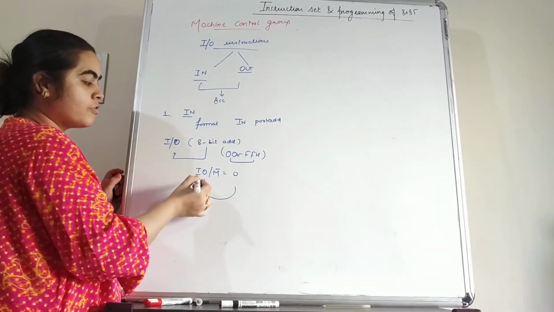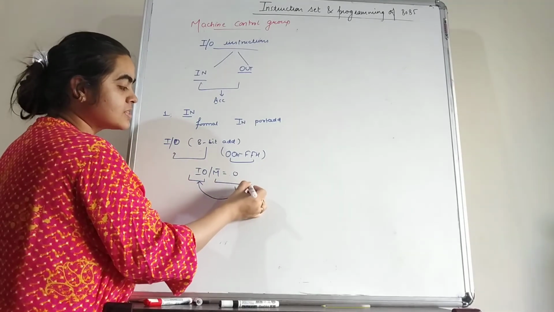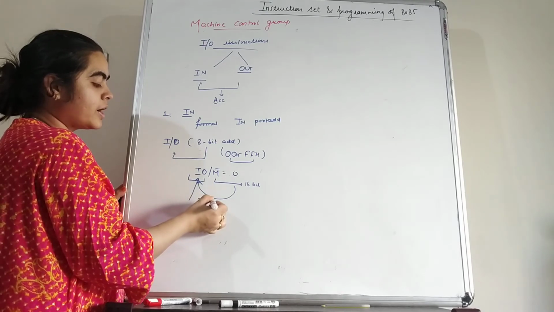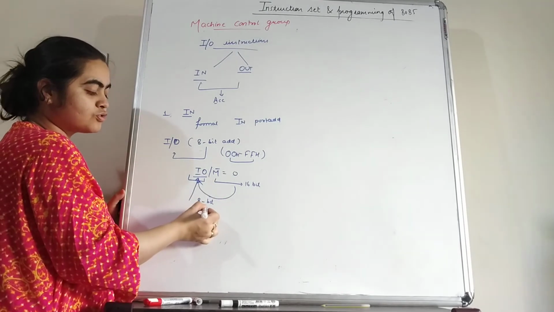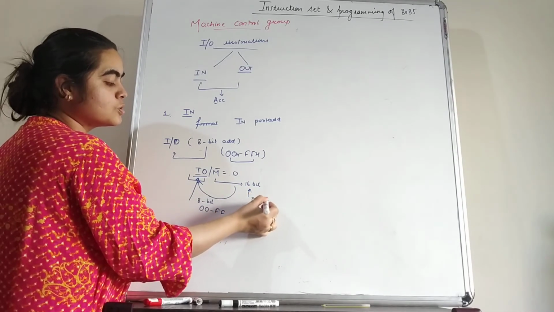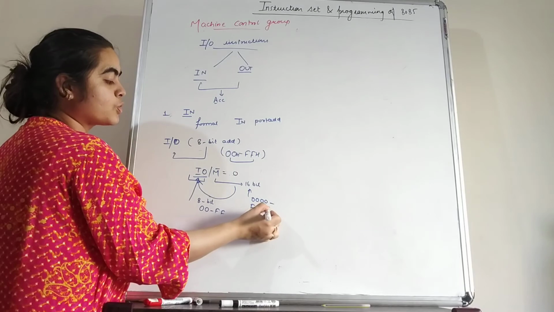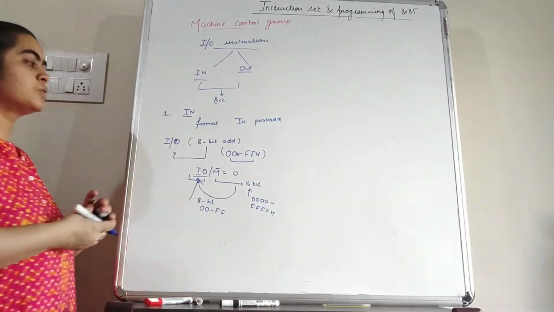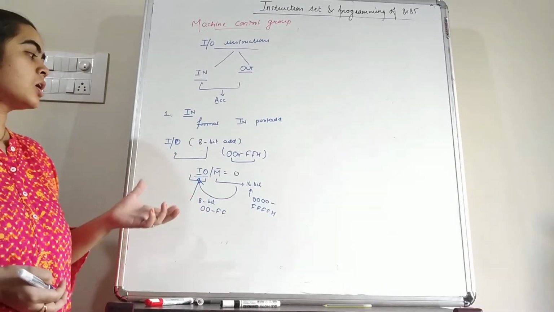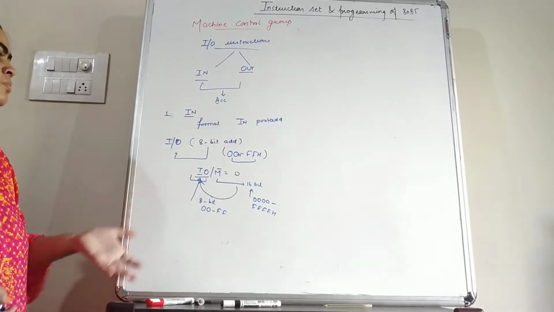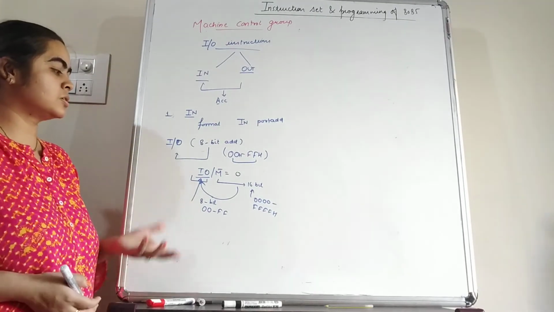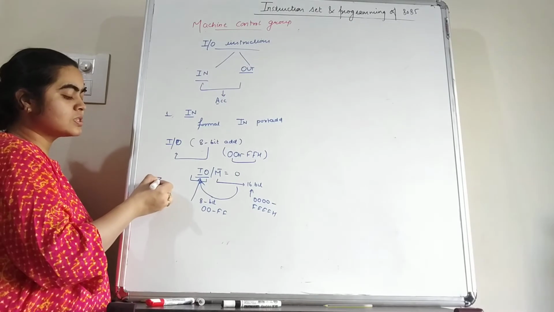In case of IO/M, memory has a 16-bit address, while for IO we can assign an 8-bit address. The range of IO is from 00 to FF, and the range of memory is from 0000 to FFFFH, because it is a 16-bit address. We have so many memory locations in a computer, but at the maximum how many devices can we connect with the microprocessor? Up to 256 devices only.